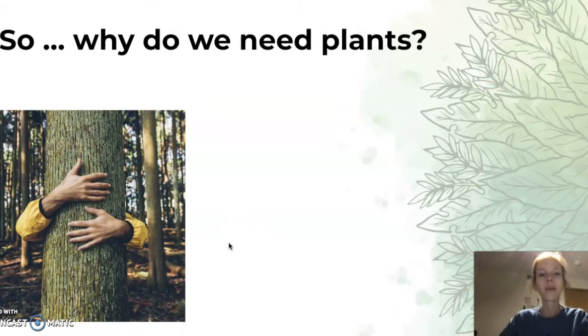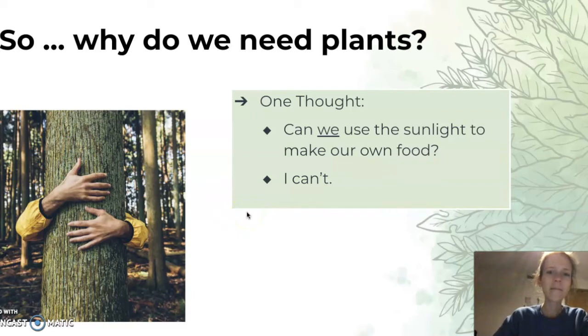So, why do we need plants? Well, two reasons. I can't use the sunlight outside to make my own food. But if a plant can, and I can eat the plant and the sugars it contains, then I can get food that ultimately is made using the energy from the sun. So the plant is kind of like the middleman helping me get food using the sun's energy.